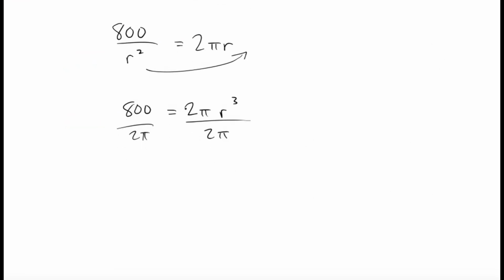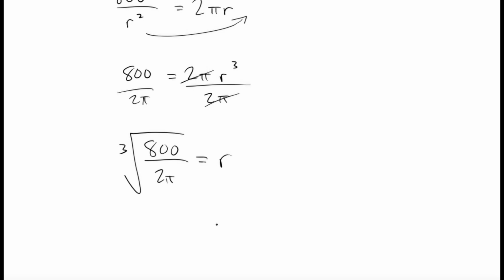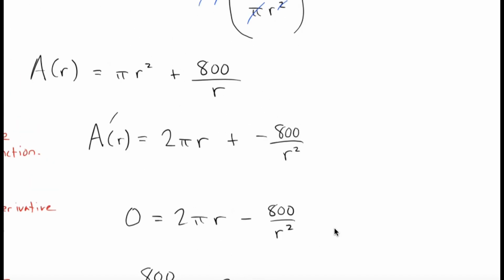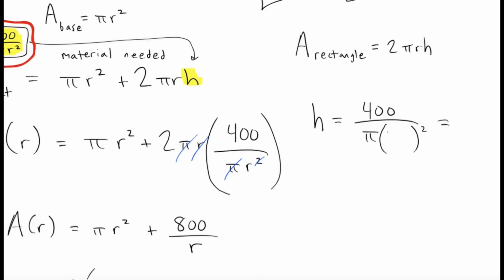Okay, so now we just cancel these off. We're going to get that r is going to be the cube root of 800 over 2 pi. On calculator, that's about 5.03. Okay, so now I'm going to plug that back into the height formula.